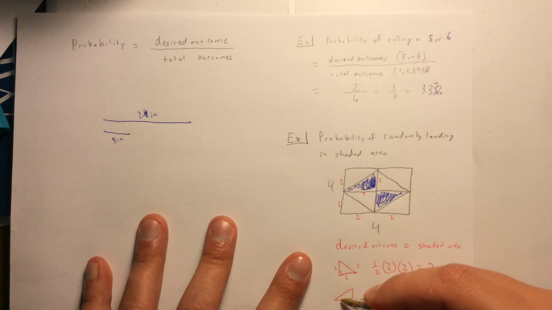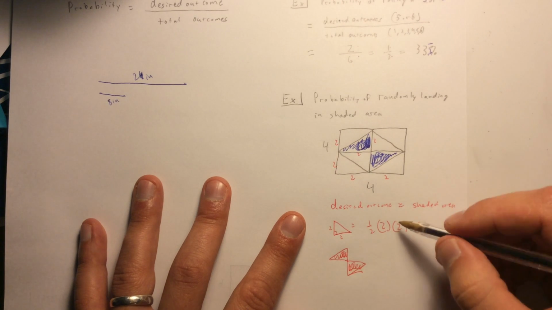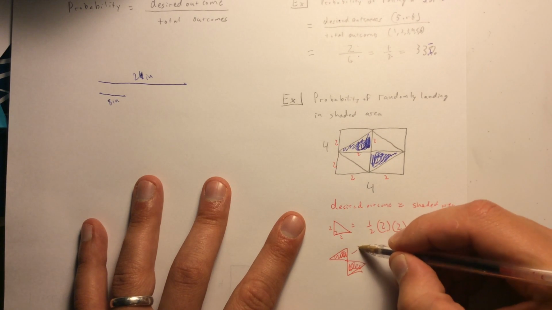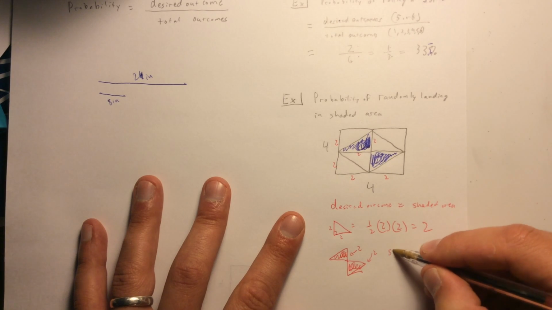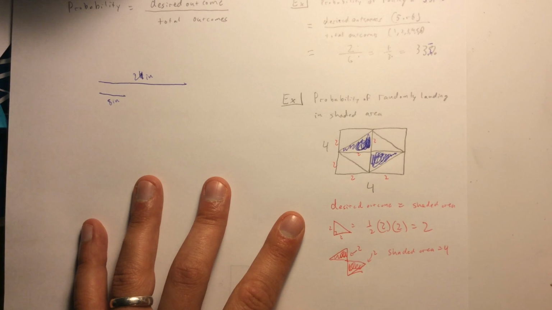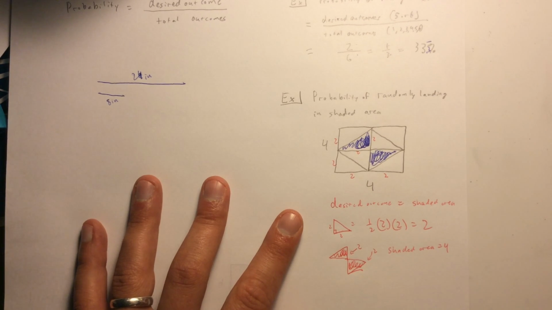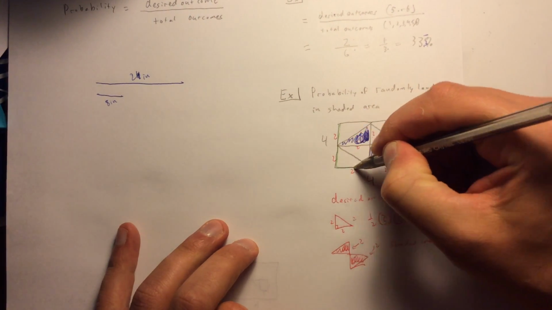So the total shaded area here is going to be 2, and that's another one, 2. So the shaded area is 4. The total area, well, this is just a square, 4 by 4.